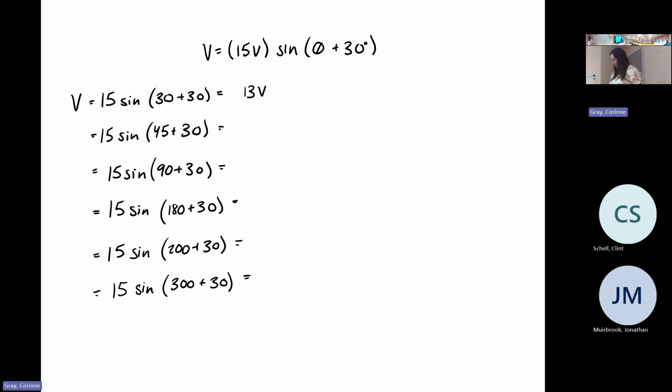What? It's 15. Sine of 75 is not 1, so it shouldn't be 15. What? 14. Okay. It's 15 sine 120. The 14 again? Is it? What is it? I don't have them written down. 13. What about 15 sine 210?